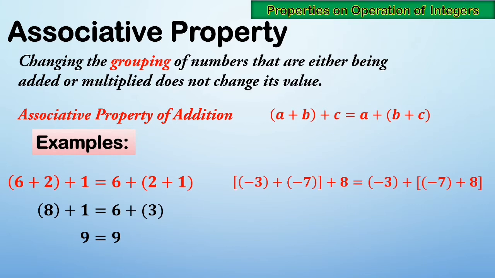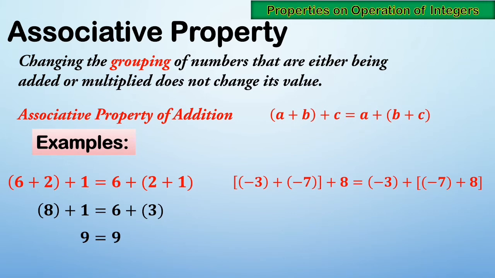Okay. Another example, negative 3 plus negative 7 plus 8. Then, sa kabila naman, negative 3 plus negative 7 plus 8. Ang nakagrupo dito is negative 3 and negative 7. Ito naman ang nakagrupo negative 7 and positive 8. Negative 3 plus negative 7, ang sagot is negative 10.